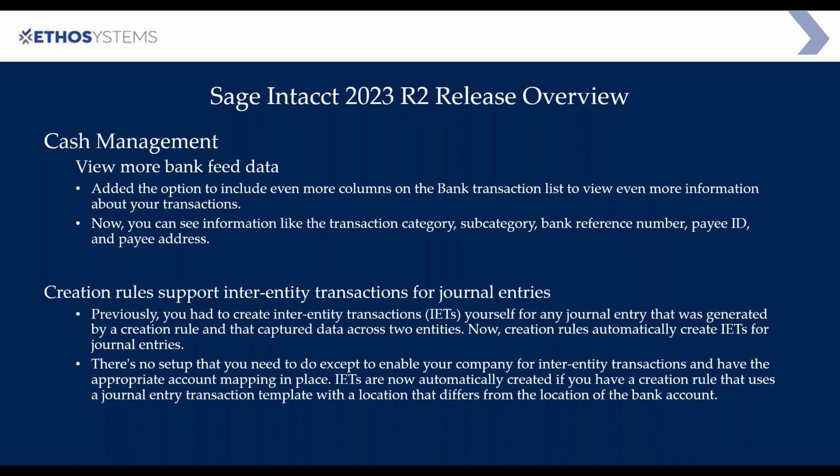And now there also is support for inter-entity transaction journal entries within the bank feeds. So when you code an item in a bank feed and it is between two entities, it will now create those inter-entity journal entries for you automatically. Previously, this was not supported.